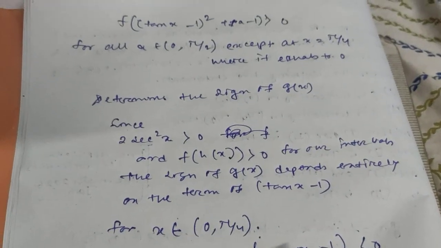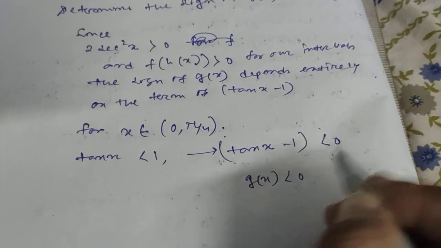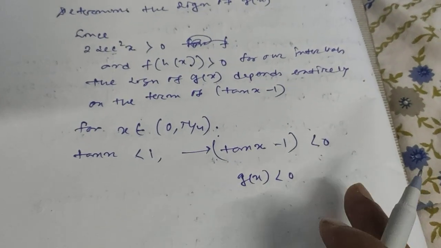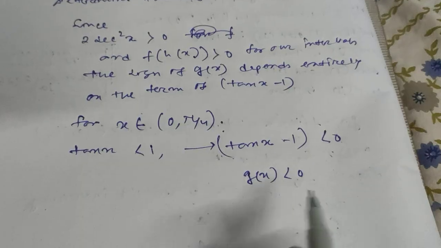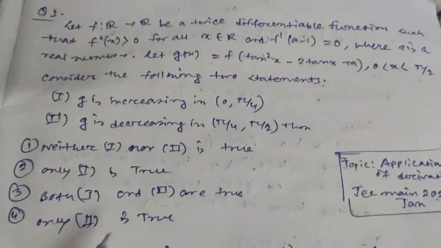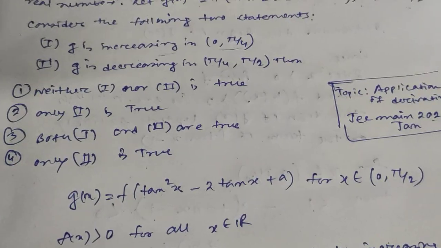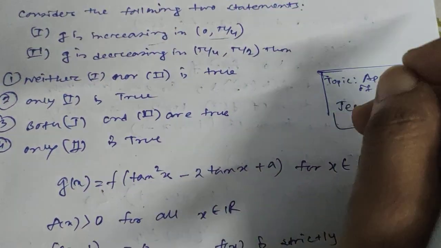So consequently g'(x) is less than 0, and the function g(x) is decreasing in this interval. So when 0 to pi by 4, it will be decreasing. So what is statement 1? Statement 1 is g is increasing in 0 comma pi by 4. So that is totally false.